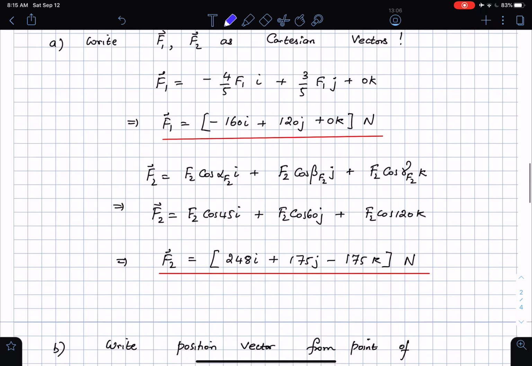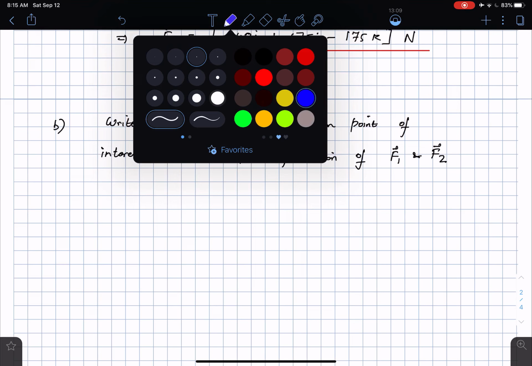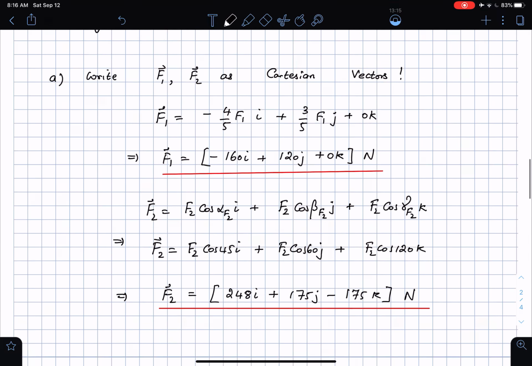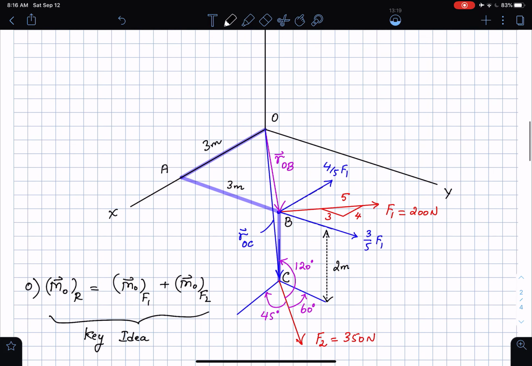Okay, so what I can see here is that this position vector is R_OB, which means I need the coordinates of O, B, C, and A, and they're easy to write. The coordinates of O are 0, 0, and 0 meters. The point B is on the XY plane, distance of 3 meters each, so 3, 3, and 0. Then the point C is 3, 3, and then minus 2, because it's on the negative Z direction.